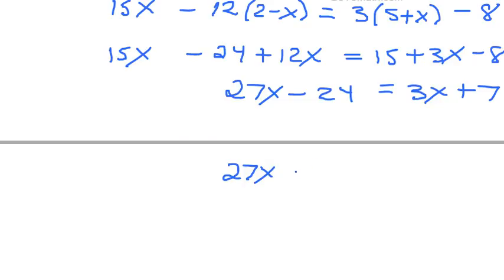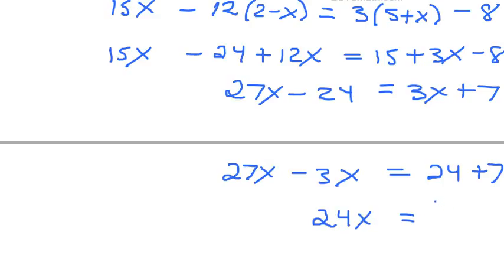Remember, we always want a positive coefficient, and then 24 over to the right, and then plus 7. We don't care about these signs, but we do care that we want a positive coefficient. So 24x is going to be equal to 31. Yes, we always want a positive coefficient here.